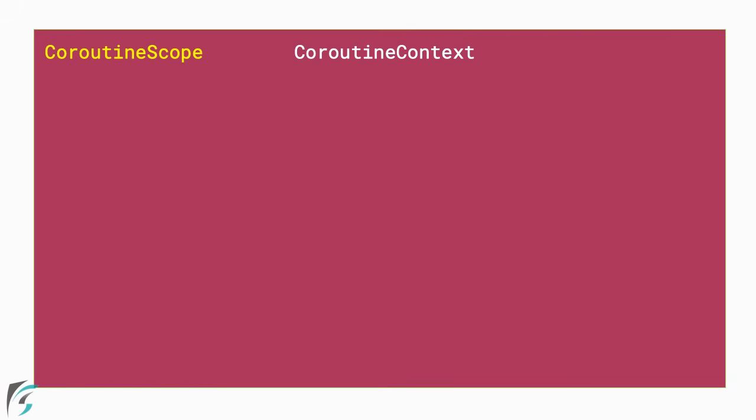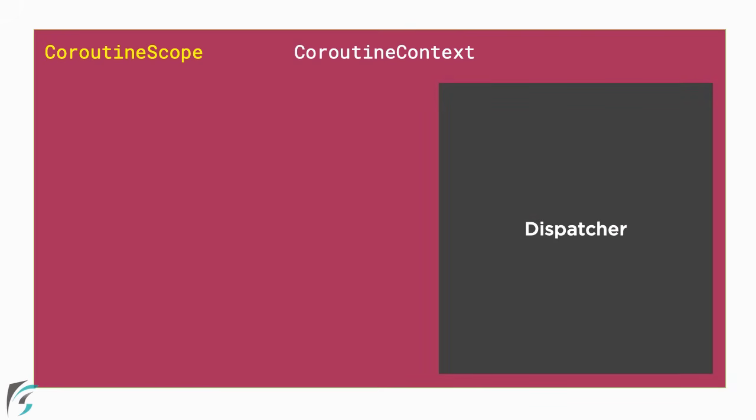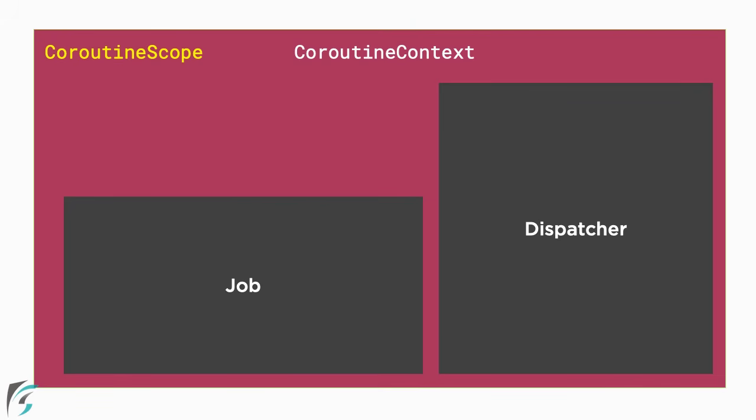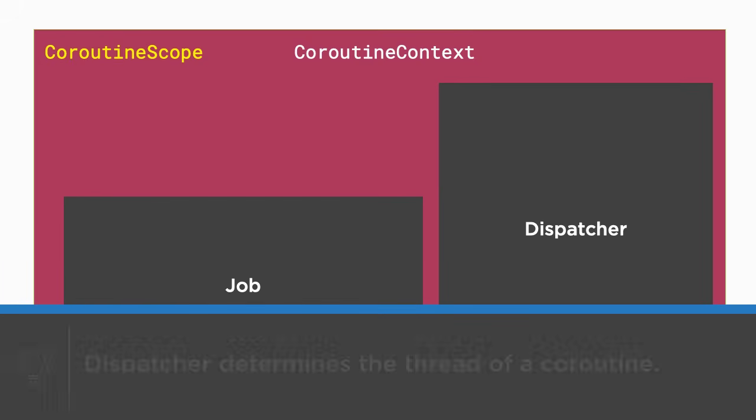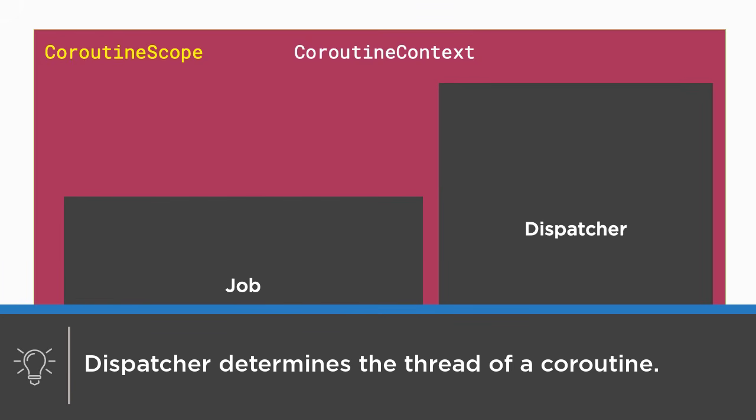Now this coroutine context has basically two major components, such as a dispatcher and a job object. Now this dispatcher is very important. It is the dispatcher which decides on which thread the coroutine will execute. So please note this, it is the dispatcher which decides the thread of the coroutine.